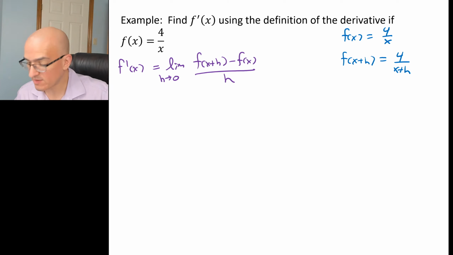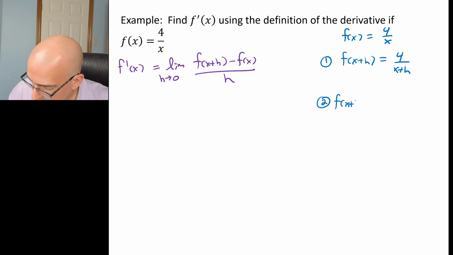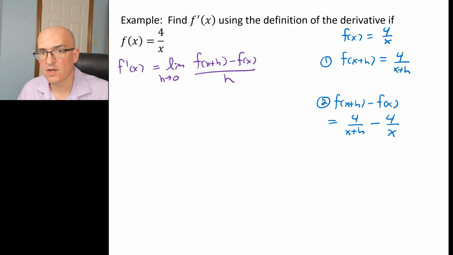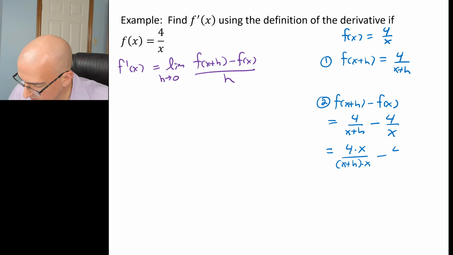Next, I'm going to subtract them. So that was step 1. Step 2, f of x plus h minus f of x. That's 4 over x plus h minus 4 over x. We need to make common denominators to subtract. So 4 times x over (x plus h) times x, minus 4 times (x plus h) over x times (x plus h).